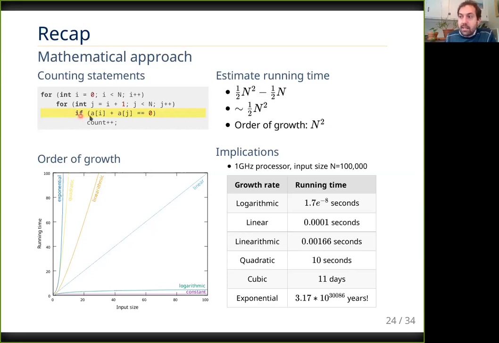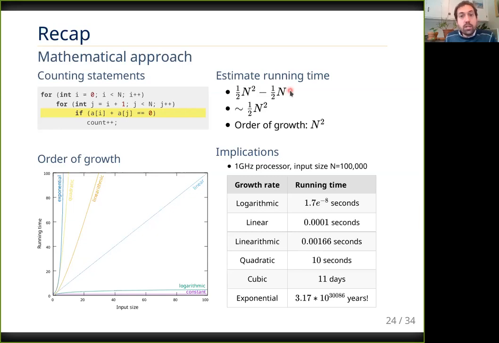And so by counting the number of times that this statement would be executed, we were able to determine that this algorithm has an estimated running time of half of n squared minus half of n, n being the size of the input, the collection that we're analyzing in that code.